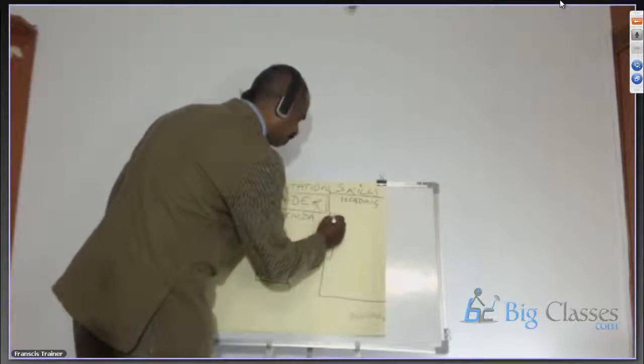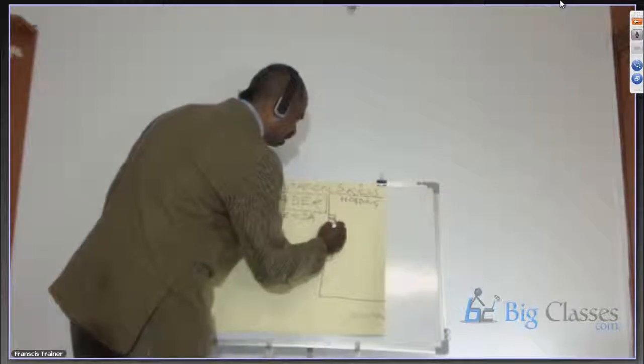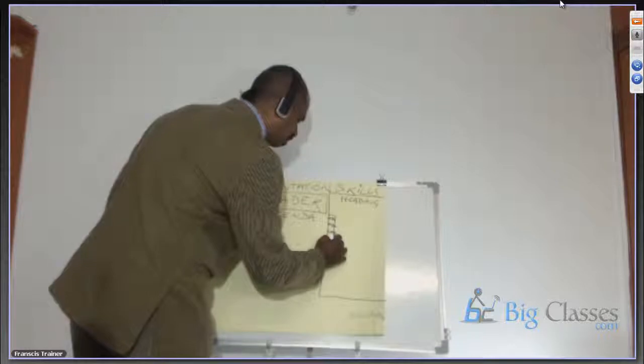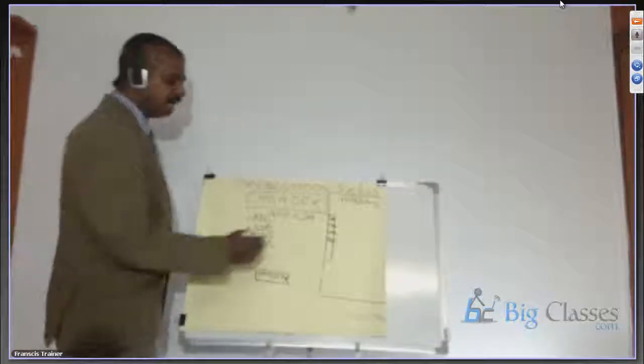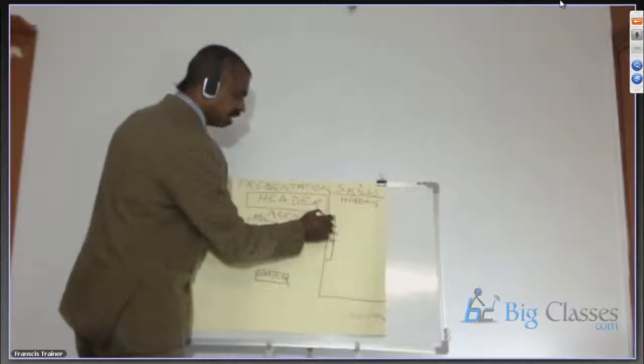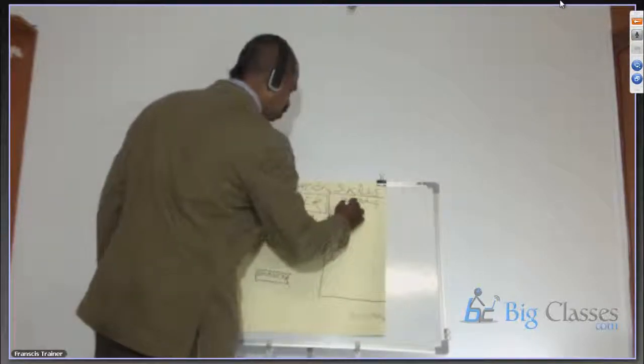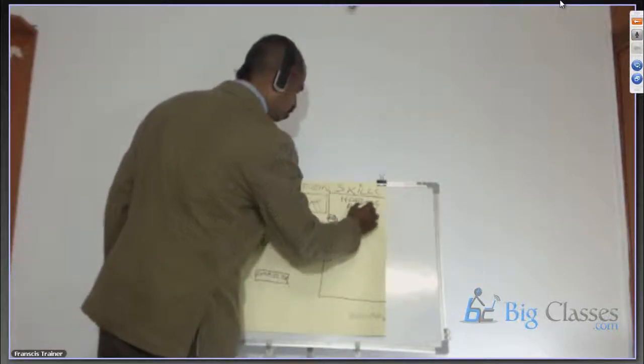A, B, C, X, Y, Z, L, M, N, P, Q, R. So I will highlight this portion to show that I am on this ABC and we are discussing ABC. So obviously my heading is ABC over here.